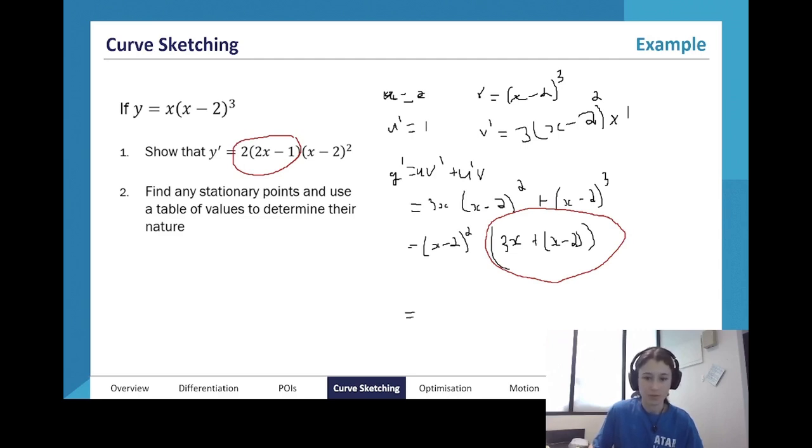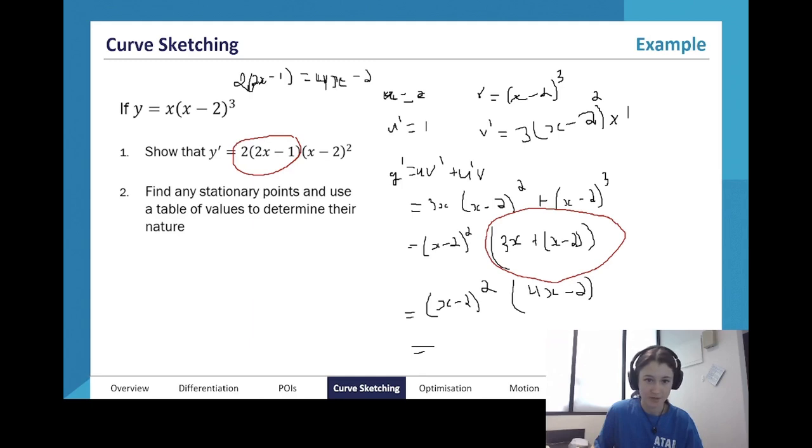So what I'm going to do here is just expand what we have and see where that gets us. So we're going to have 3x plus x, which is going to give us 4x take 2. What I recognize here is that for this second part, we can factorize out 2 and then be left with 2x take 1, because 2 times 2x take 1 is equal to 4x take 2.